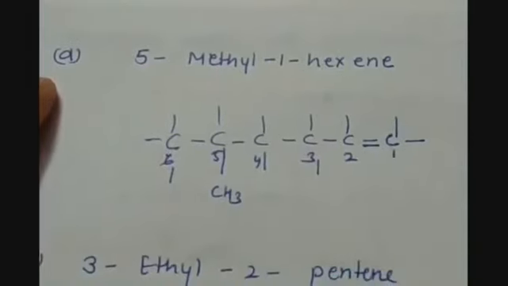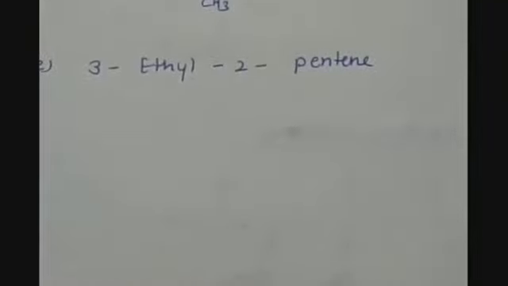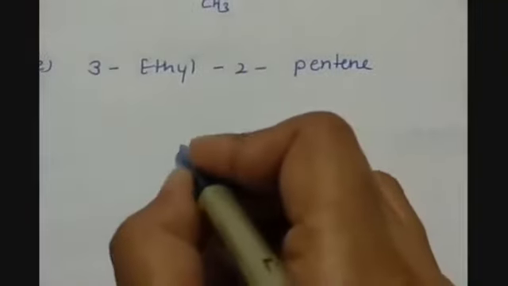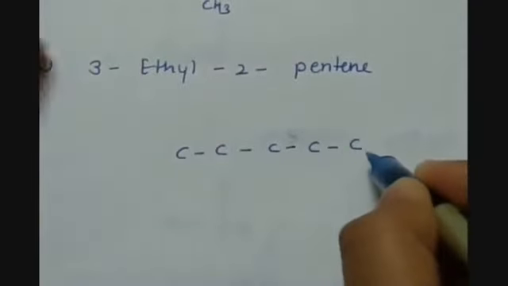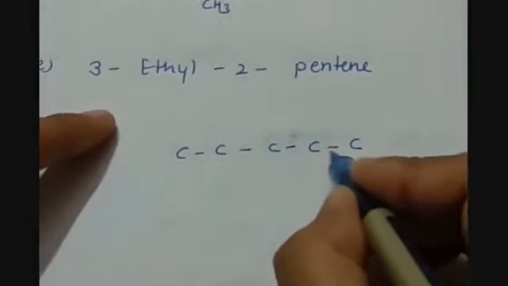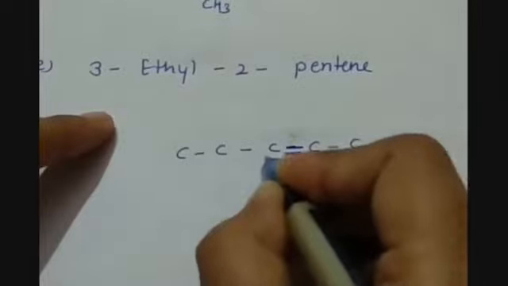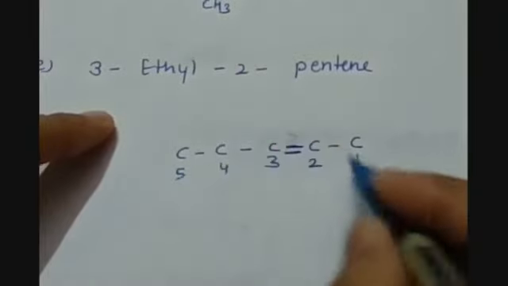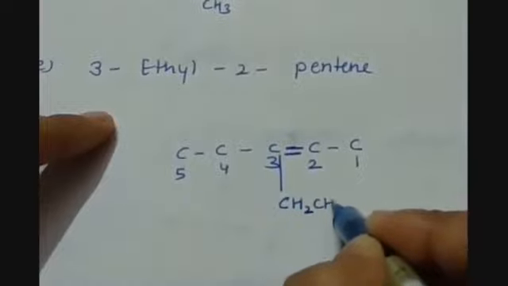So it is 1-hexene. Then we have 3-ethyl-2-pentene. So 5 carbon atoms. At 3rd position there is an ethyl group, and 2-pentene is also there. So at second carbon we will be having the double bond. So first, second, third, 4 and 5. This 3rd carbon will be having CH2, CH3, that is the ethyl group.